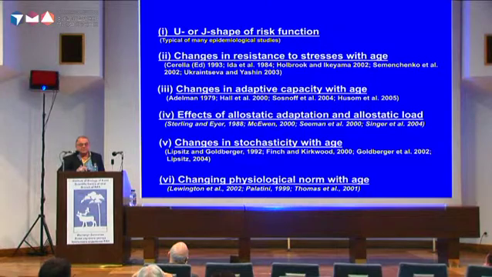It can be done. Effects of allostatic adaptation. What does that mean? Allostatic adaptation is a change in some physiological indicators that is necessary to support a stable level, homeostatic level.